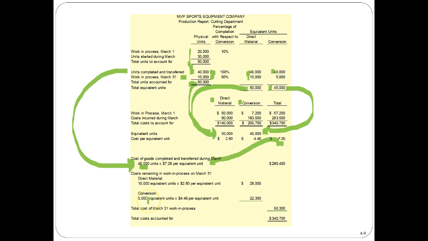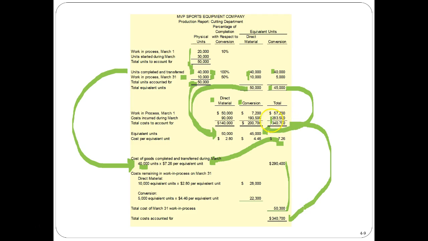The 5,000 conversion comes from here, times the 446, which comes from here, gives us the 22,3. If we add those two up, we come up to 50,003. If we add the outer, it comes up to 347. We can check that off because it adds out to our total cost that we needed to allocate.